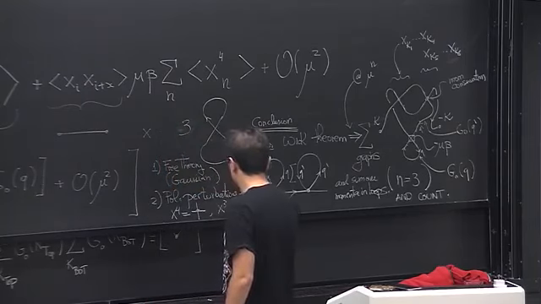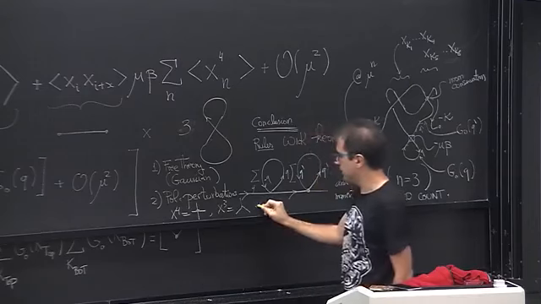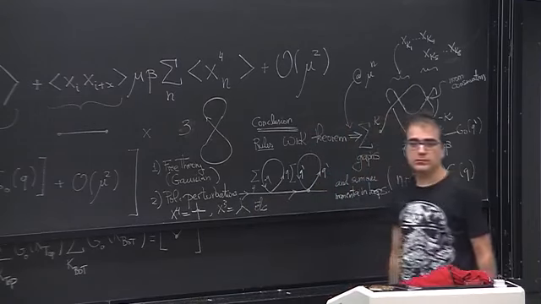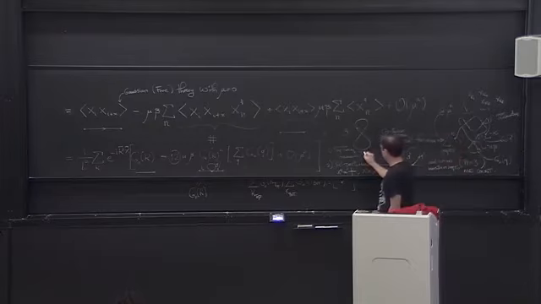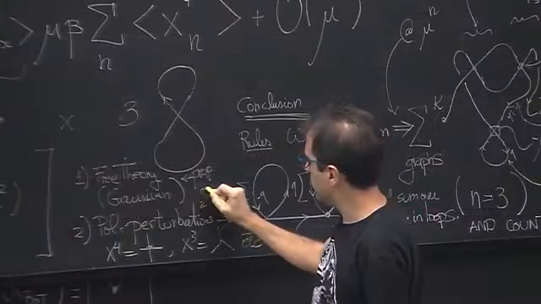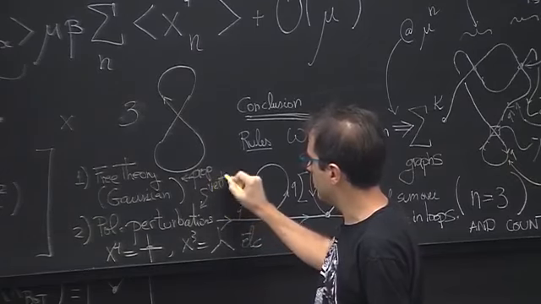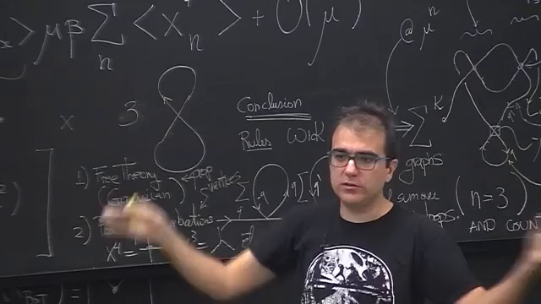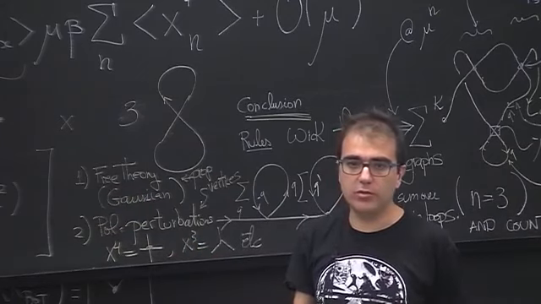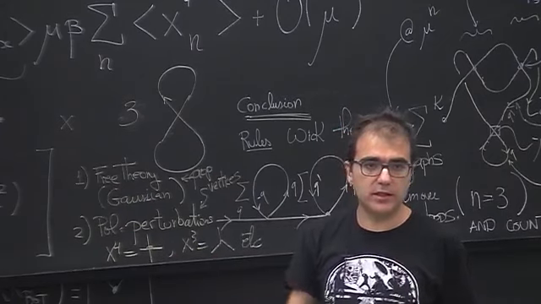If it was x cubed, it would be a Y shape, etc. Then immediately, the free theory tells you what is the propagator, and the perturbation tells you what are the vertices of your graphs. And then you know the propagators, you know the vertices, you draw all the graphs you want, and that's how we would compute systematically in perturbation theory.